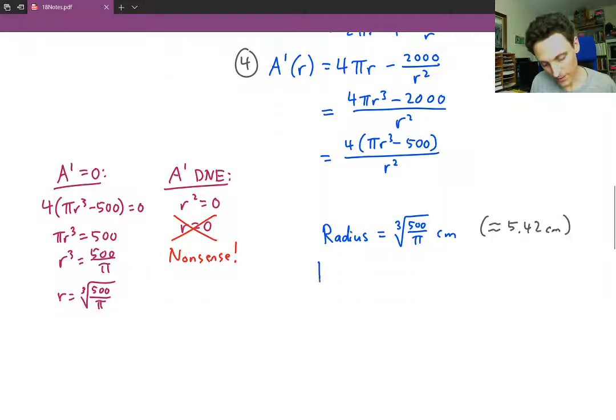Now I'll write out what the height is, and then we'll write out how to find it. So the height ends up being 2 times the cube root of 500 over pi centimeters, which is double the radius. Let's show how we found that.